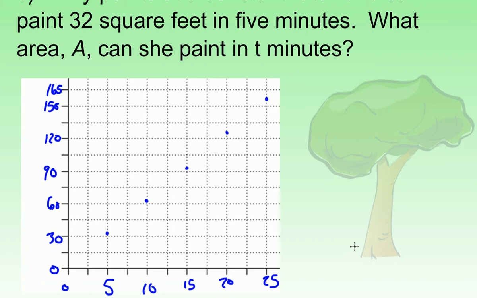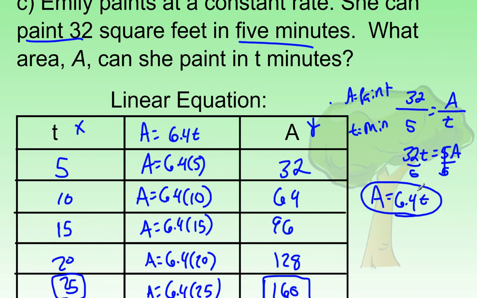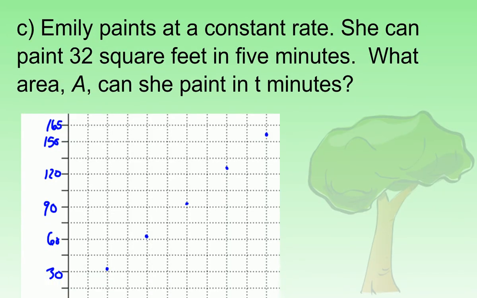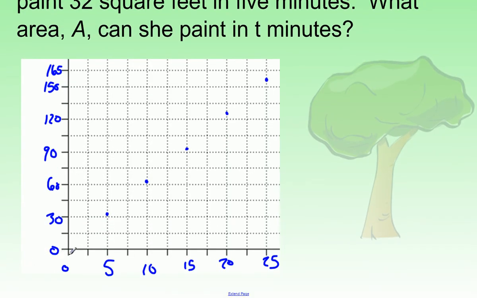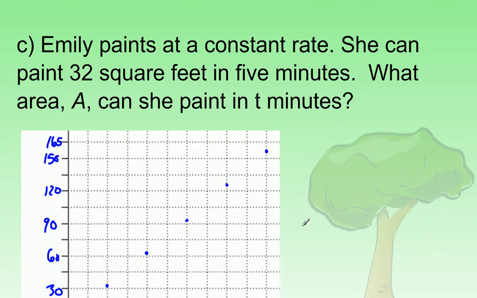And same thing as before. This equation shows the relationship between the two variables. Every unit of time gives this much unit in area. And that's actually a major topic in here, is understanding that if you go 1 unit this way, you go up 6.4.